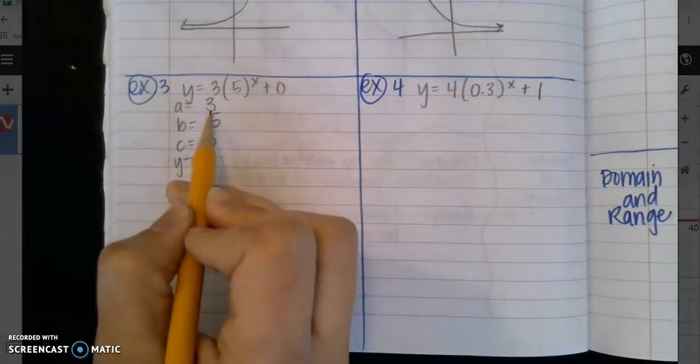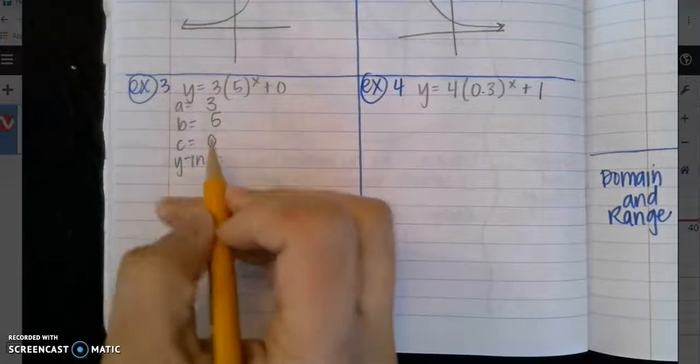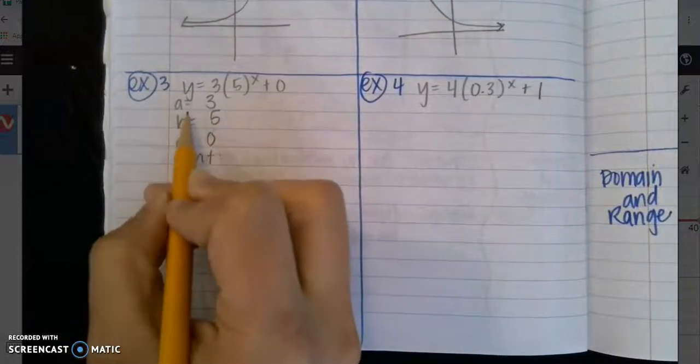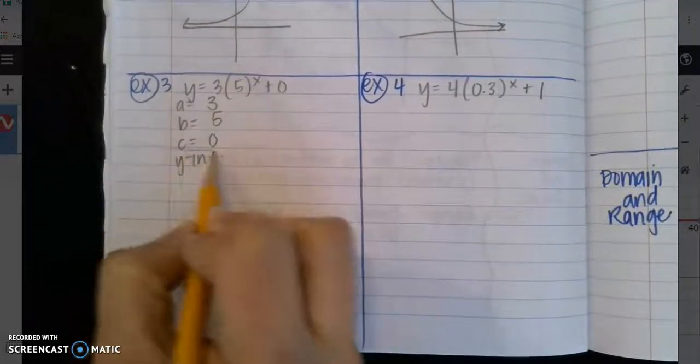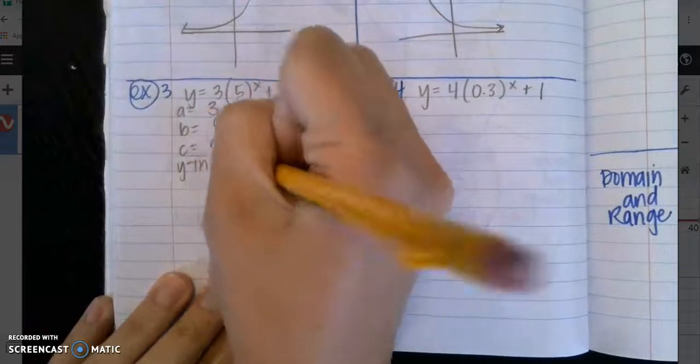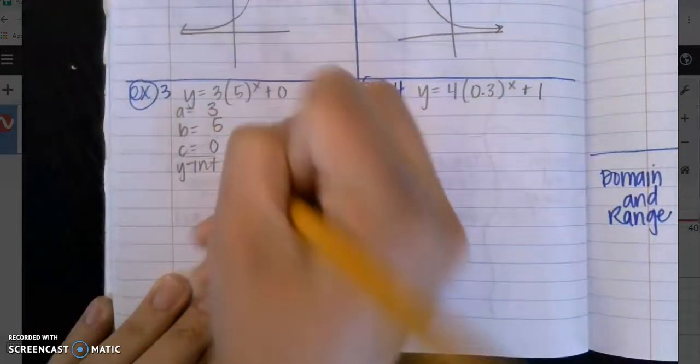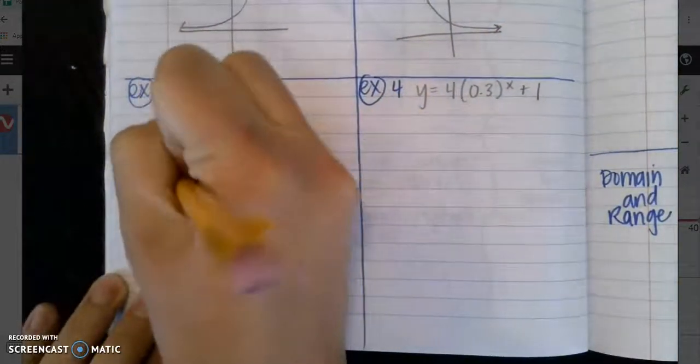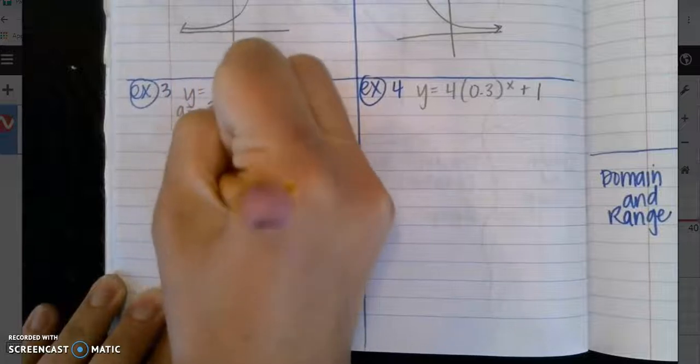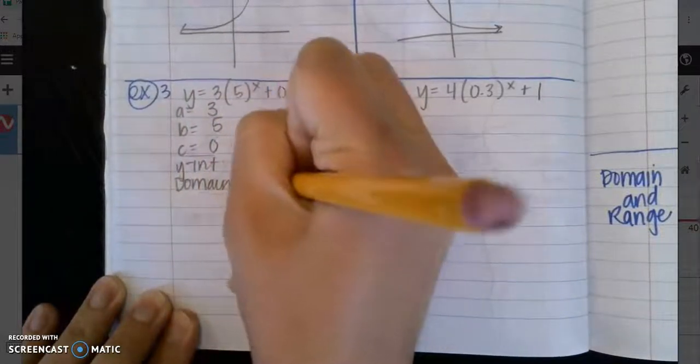My y-intercept is my A value only. Oops, actually this does work. My y-intercept is my A value when C equals 0. So my y-intercept is going to be at 0, 3. I was getting too excited, guys. I'm sorry. My domain is going to be all real numbers.